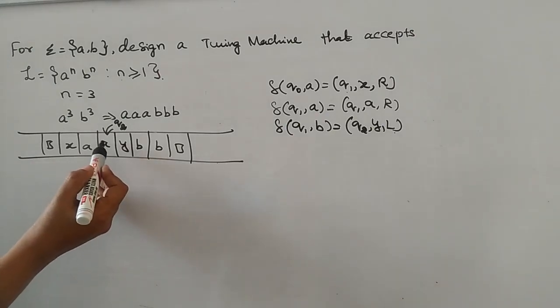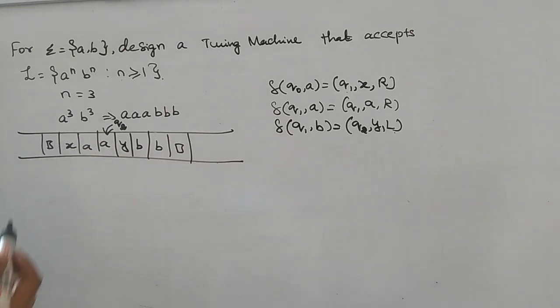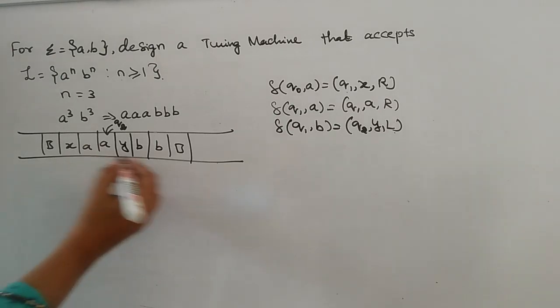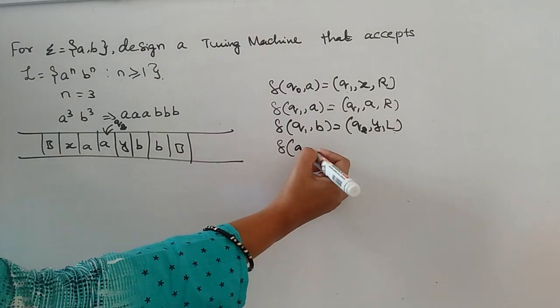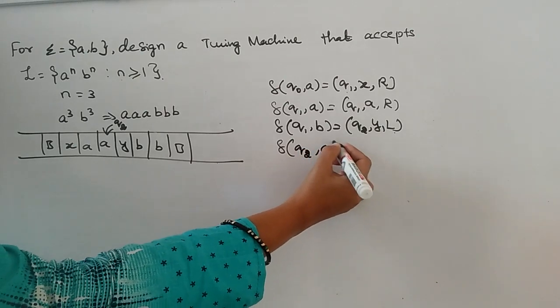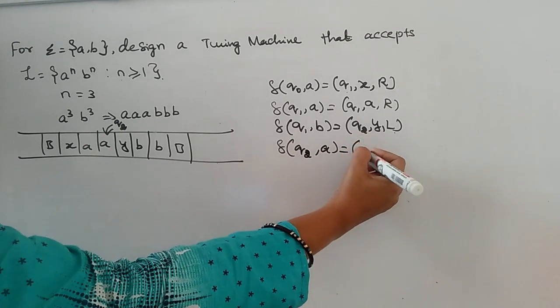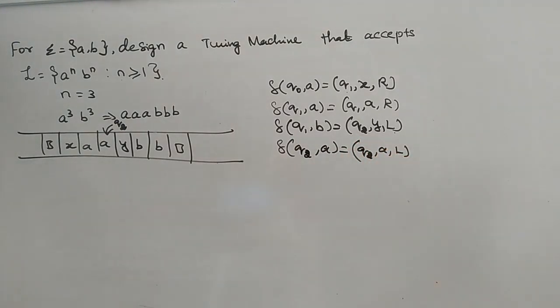Simply we have to shift the pointer towards left until it reaches the symbol X. That's why I am going to write the transition as del of Q2 comma A is equal to Q2 comma A comma L.